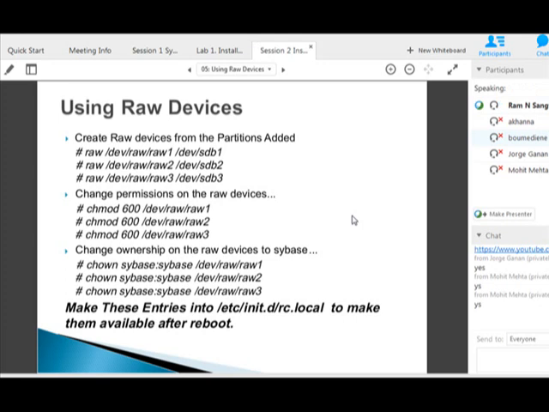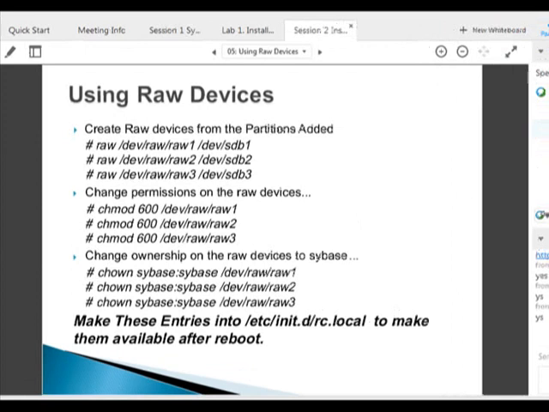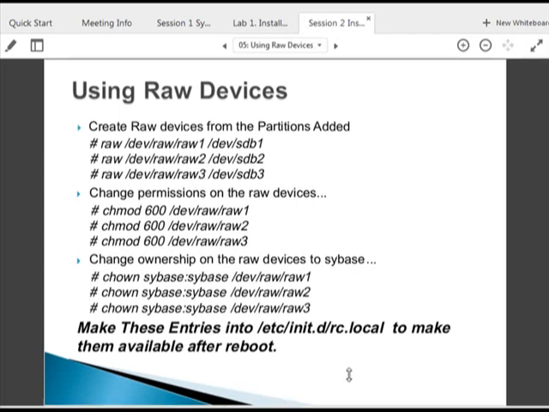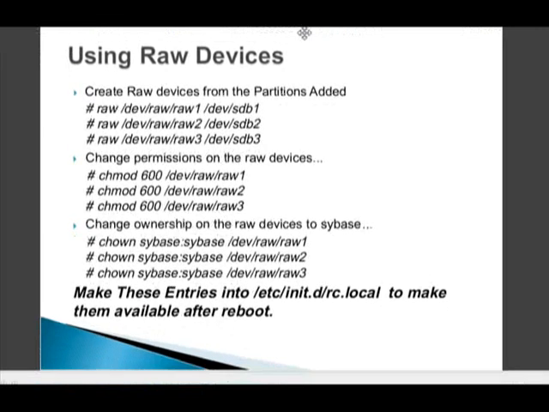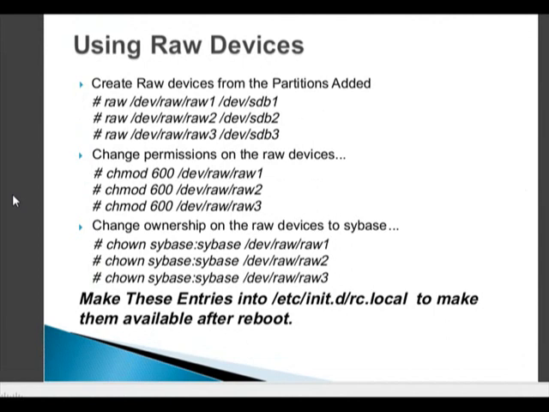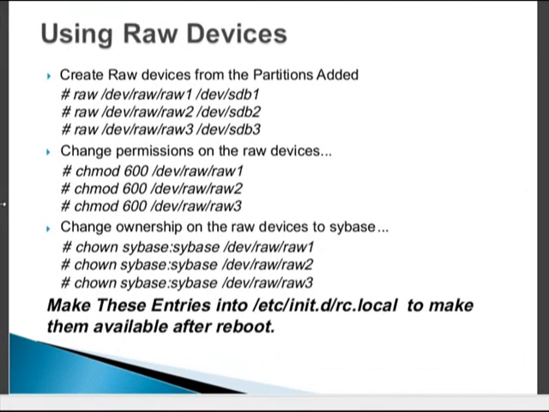If you want these changes to be persistent over the next reboot, then you should put these settings into the file /etc/rc.d/rc.local. So you need to place these commands into rc.local so that these settings are available when you reboot your machine.